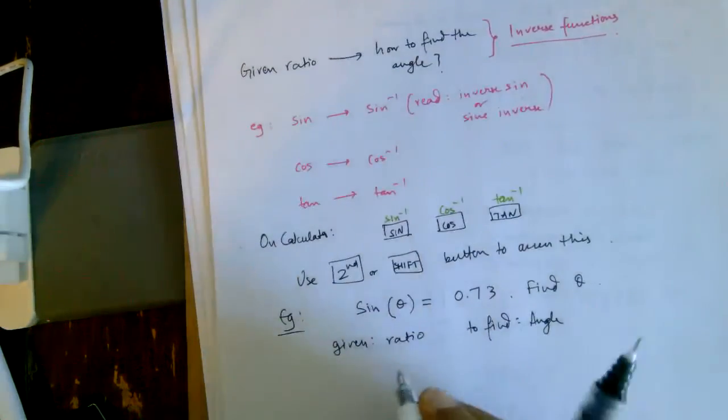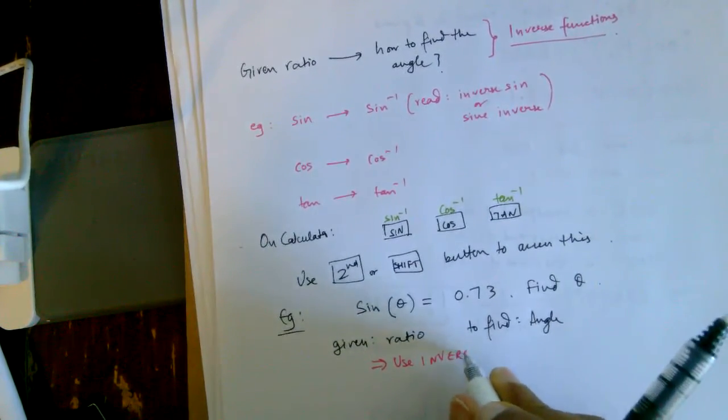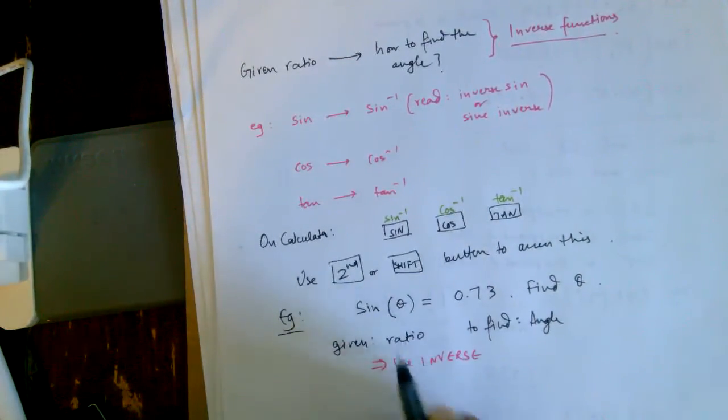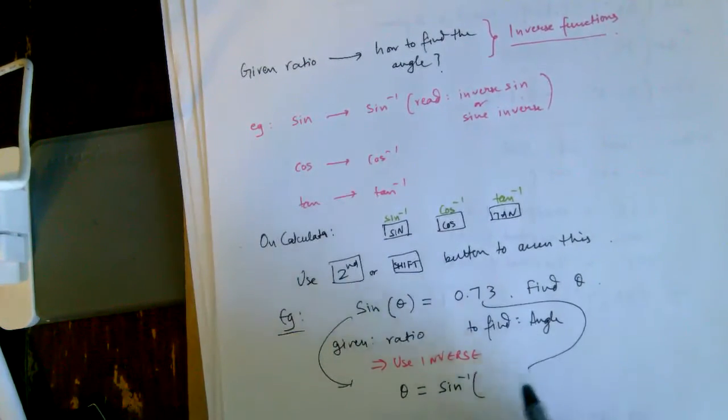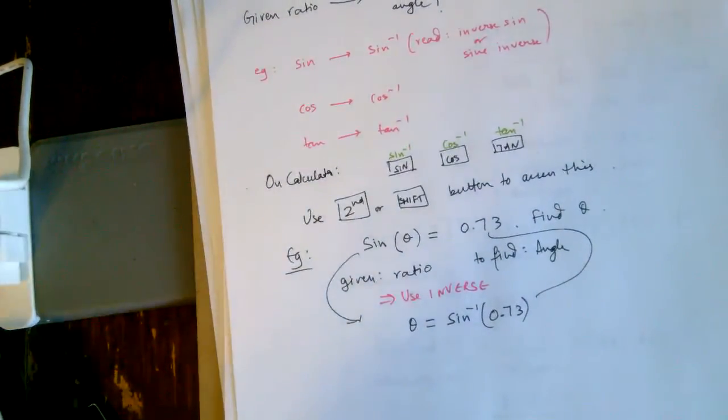So this means you have to use the inverse, because you're trying to find the angle from the ratio. The next step is we write theta equals sine inverse of whatever that number is, 0.73, and we plug it exactly like that into the calculator.